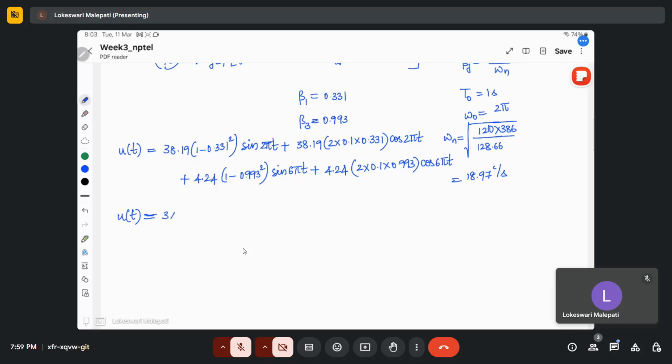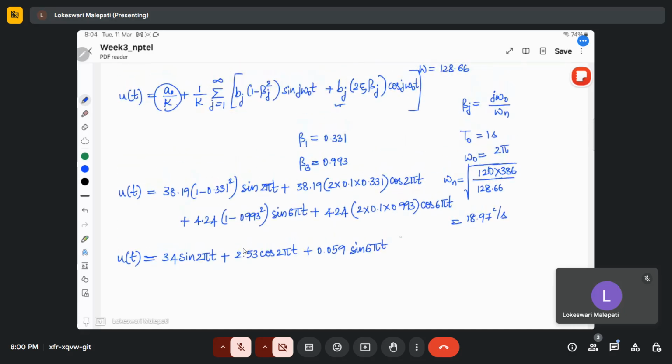So that would be 34 sine 2 pi t plus 38.19 multiplied by 0.1 multiplied by 0.331, that is 2.53 cos 2 pi t plus 4.24 multiplied by 1 minus 0.993 whole square, that is 0.059 sine 6 pi t, plus 4.24 multiplied by 2 multiplied by 0.1 multiplied by 0.993. That means 0.842 cos 6 pi t.